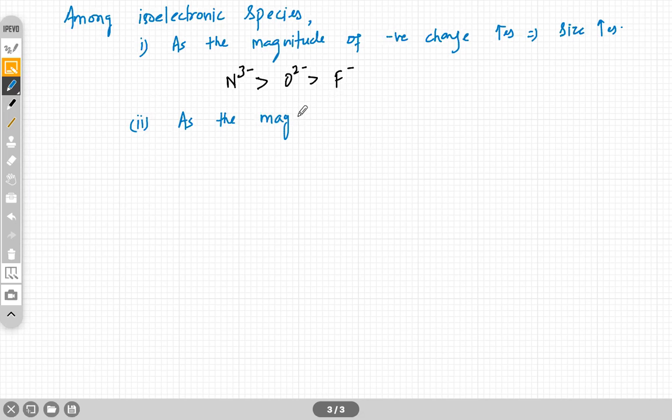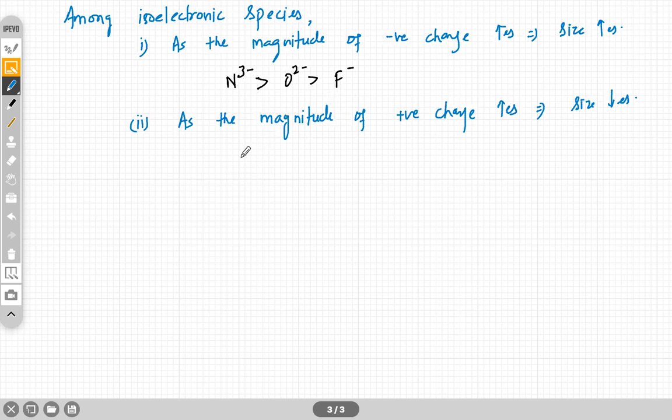Similarly, as the magnitude of positive charge increases, size decreases. More positive charge, size decreases.